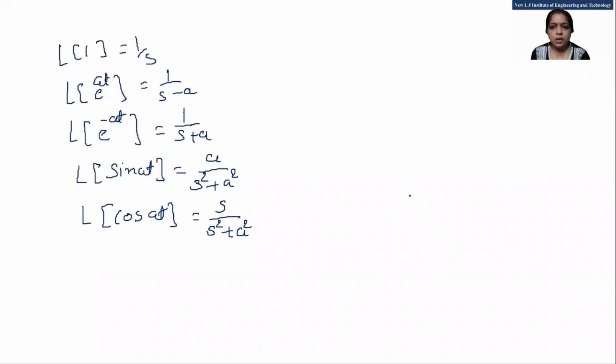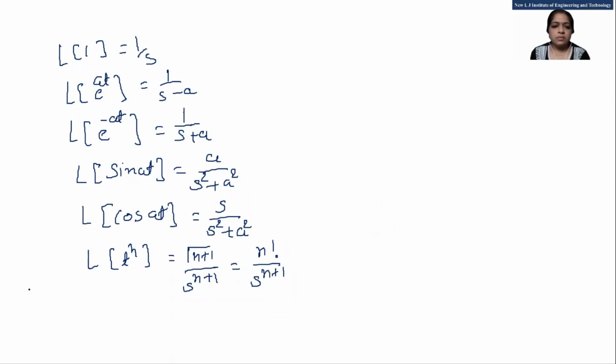Laplace of t raised to n has two formulas, that is gamma n plus 1 upon s raised to n plus 1, and n factorial upon s raised to n plus 1, right?